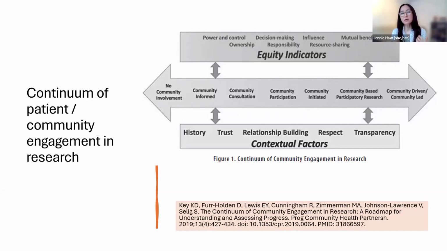It's more productive to think about community engagement, patient engagement in research as falling somewhere along a continuum where on the far right side, you have projects that are community driven, community led, and there are some projects where the community will identify a need and then seek out researchers to conduct the study with them. Straight through to the other end of the spectrum where the community's role might be to be informed of the project and perhaps provide some input or be a key audience once the research is done.